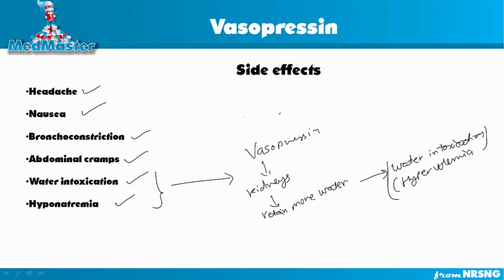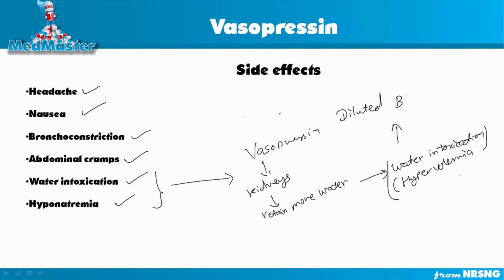Since this one is reabsorbing only water, remember this is the main difference, it only reabsorbs the water while it's not reabsorbing extra sodium, potassium. So those are going to pretty much stay the same in the body while the kidneys are reabsorbing more water.